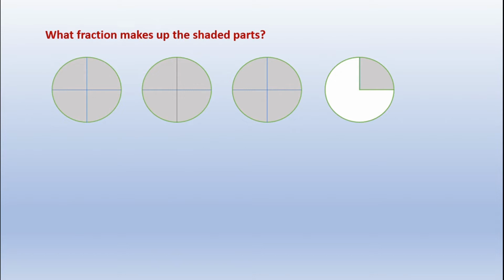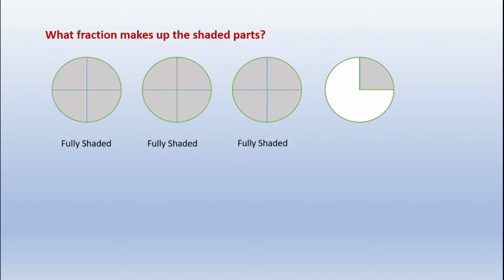What fraction makes up the shaded parts? That means they ask the total value of shaded parts. So in first picture it is fully shaded. Second one also fully shaded. The third one also you can see it is fully shaded.